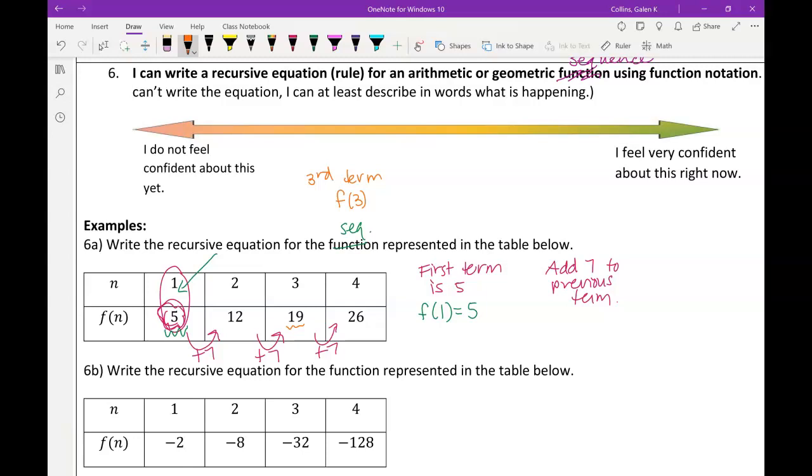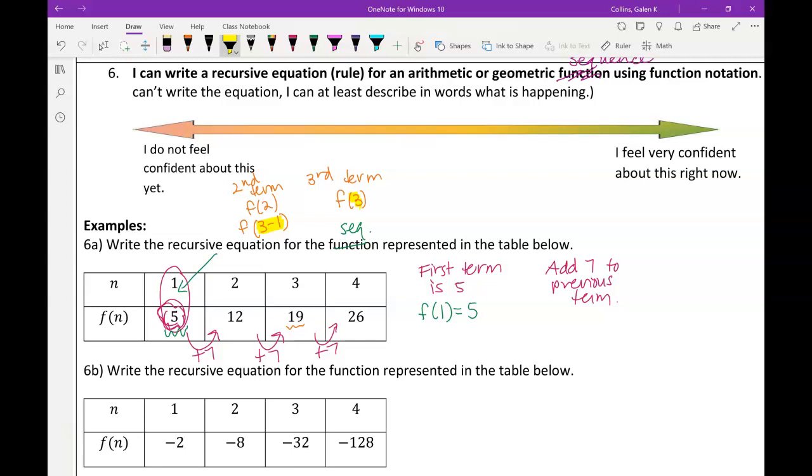So what's my previous term? Well, the thing that comes before our third term is our second term. And so my second term is f of 2. Now, I could also think of the number 2 as being the number 3 minus 1. So generally speaking, if I subtract 1 from n, that's going to send me back a term.